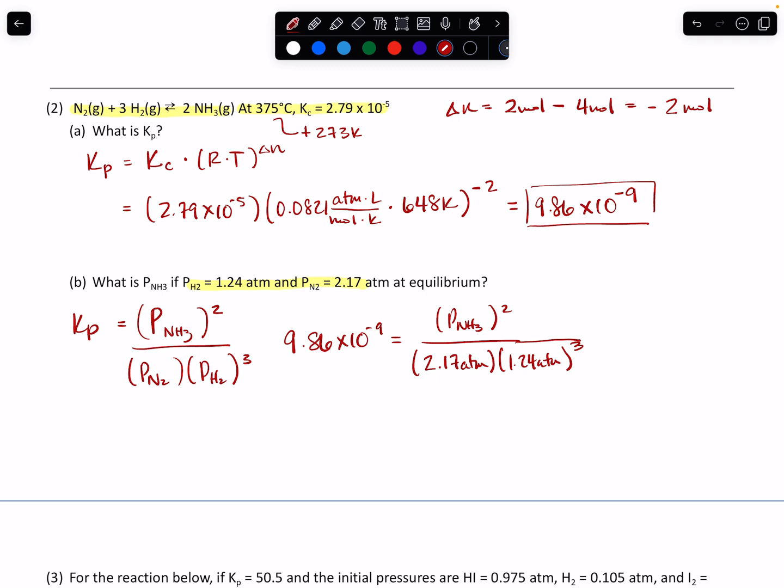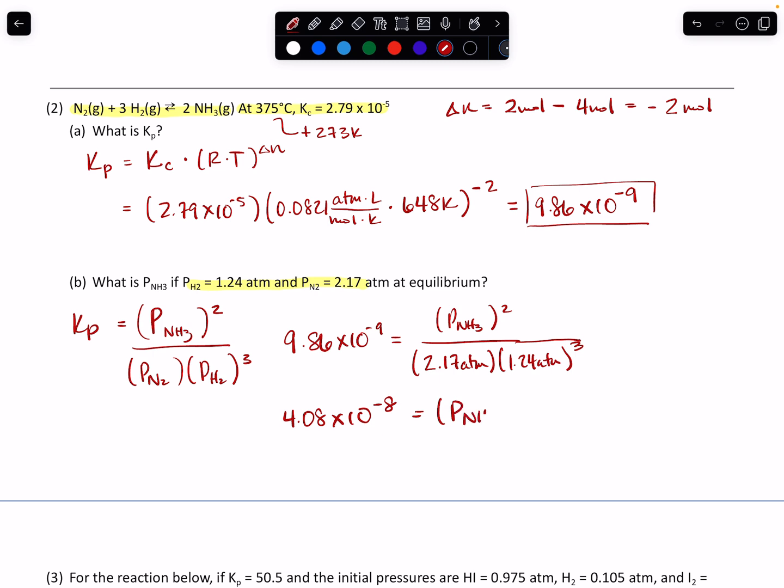Just so you can see what that's going to look like, 1.24, I'm going to raise that to the third power, and then multiply that by 2.17. Then I'm going to multiply that by 9.86 times 10 to the negative ninth. So I'm going to get 4.08 times 10 to the negative 8.